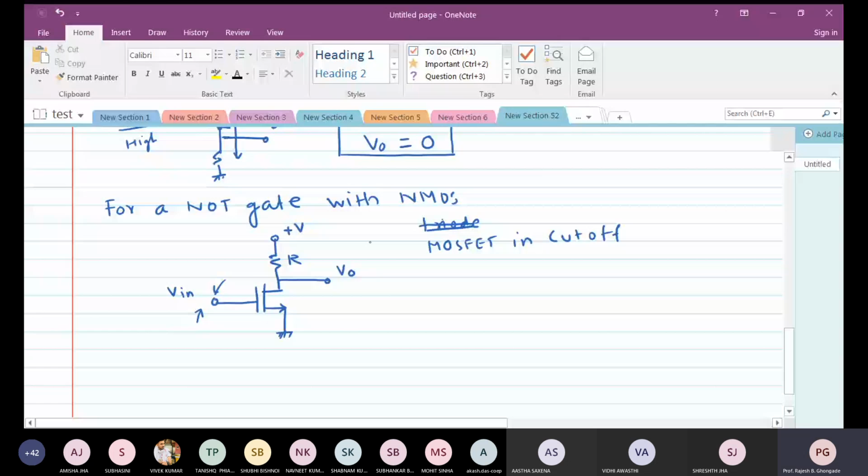Now, when I apply some voltage here at V in, such that V in equals plus V itself, in that case the MOSFET will first of all go into triode region. Of course, I must make sure that VDS is small.